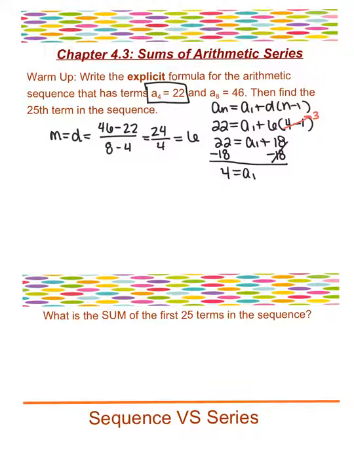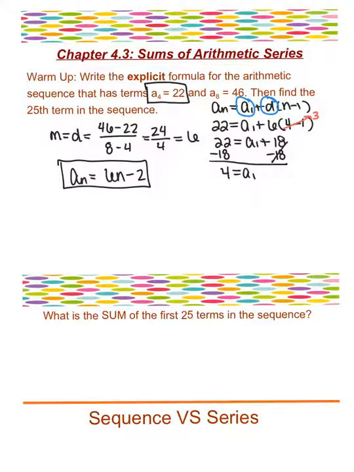So my explicit notation is a sub n equals 6n minus 2, and if I need to know what that 0th term would be, I would take 4 and subtract the 6, so I'd get negative 2. Or you're always welcome to plug in your a sub 1 here as 4, and your common difference here is 6, and simplify, and once you simplify, you'll see that we have the same explicit formula for the sequence.